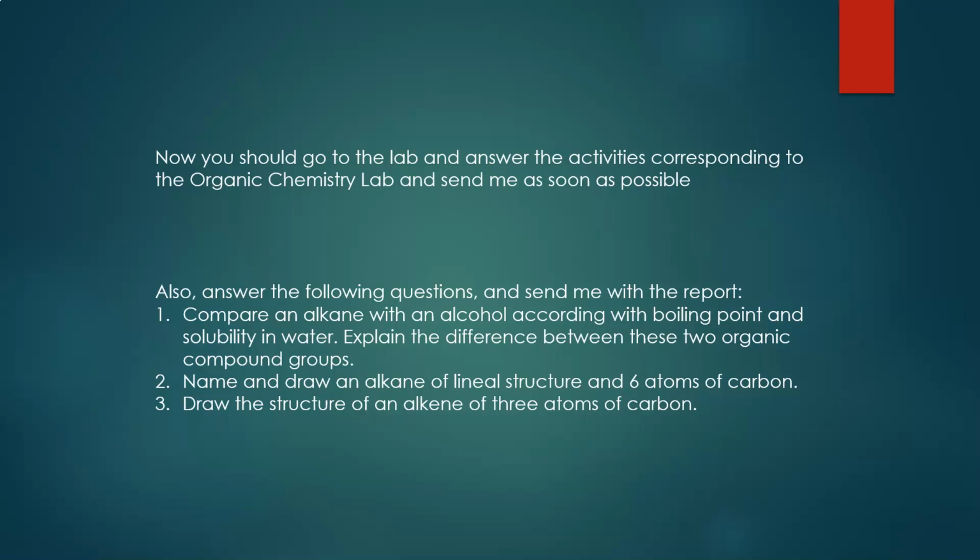Explain the difference between these two organic compound groups. Name and draw an alkane of linear structure and 6 atoms of carbon. And draw the structure of an alkene of 3 atoms of carbon. Thank you for your attention.